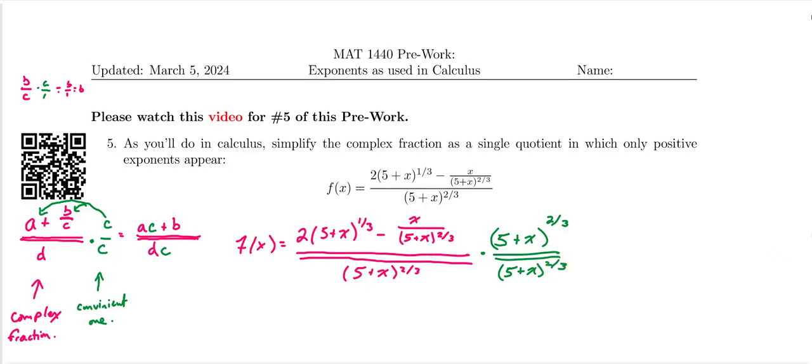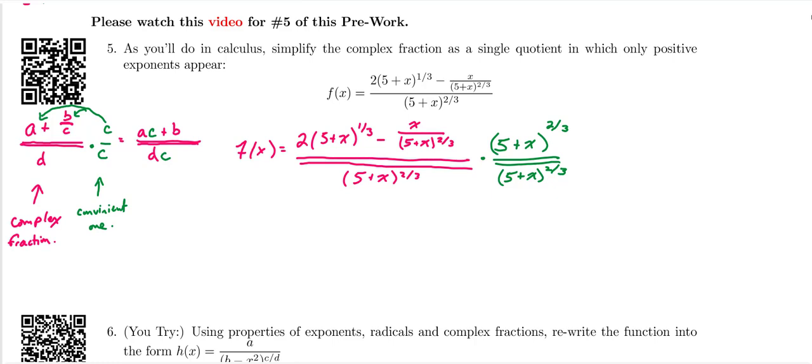Okay. And you could maybe speed up how quickly you simplify this, but I'm going to take my time as I work through this. So first I'd have 2 times (5 plus x) to the 1/3, recopying this first term here, and I would distribute this numerator that I'm distributing to the two terms in the original fraction. I would distribute that to the first term here, and so that would give me (5 plus x) to the 2/3.